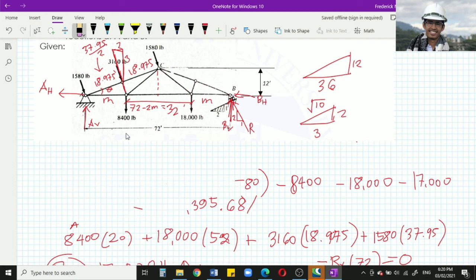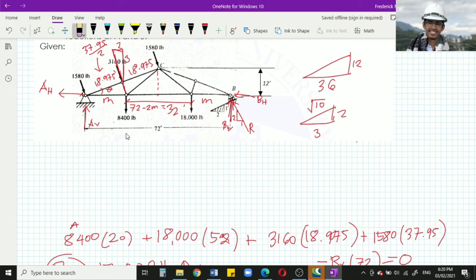So, summation forces horizontal. So, summation forces horizontal is equal to 0. Going to the right is positive. So, AH is negative. So, negative AH.